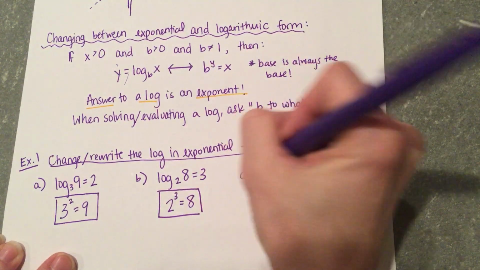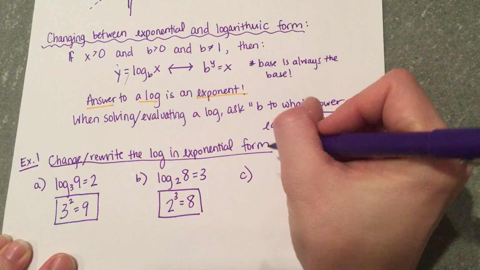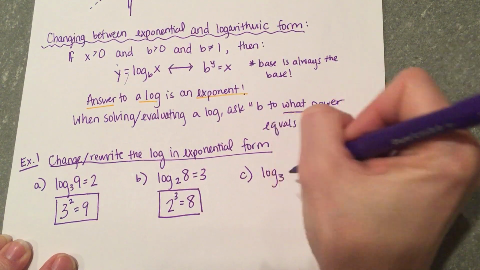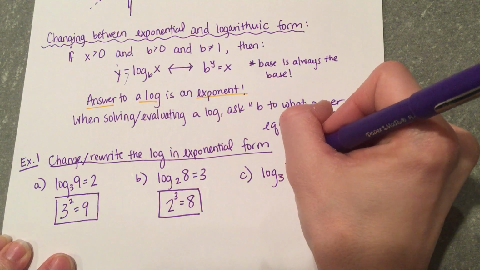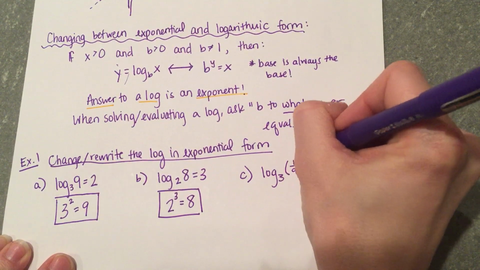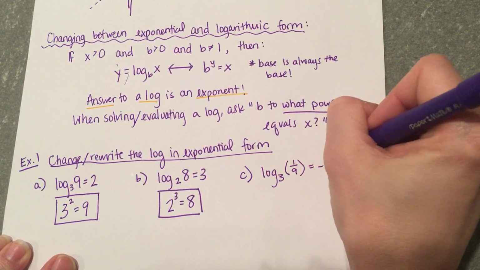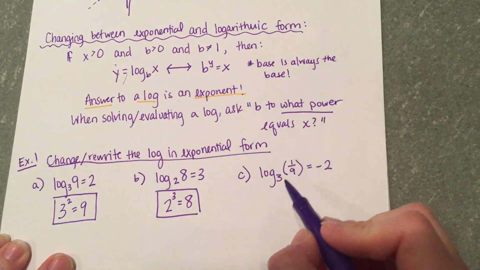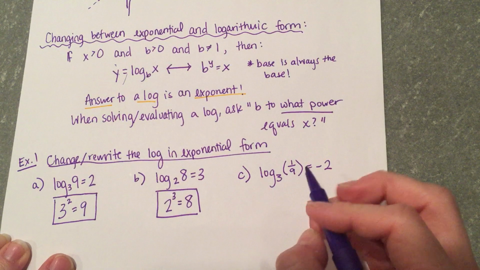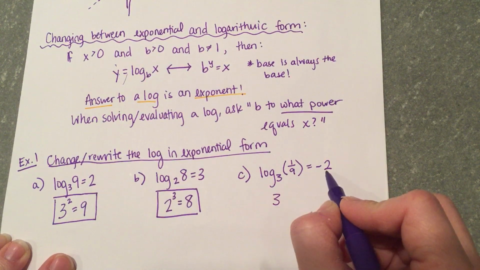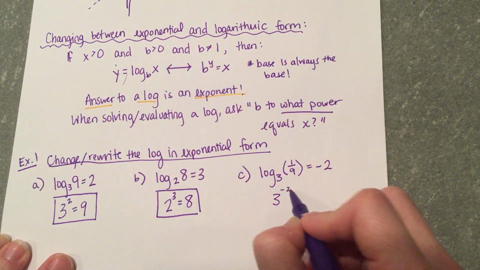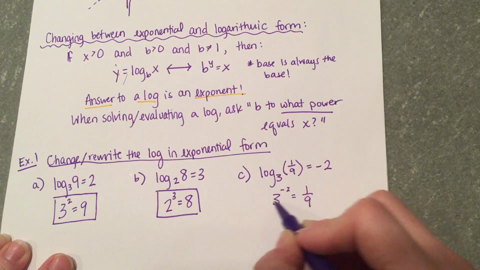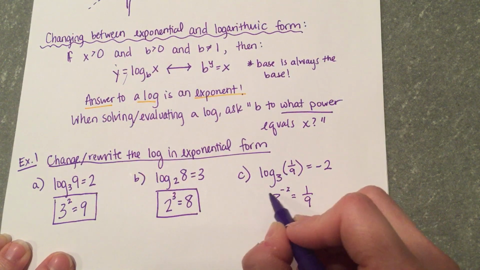And for the last one we're going to try here, what if I have log base 3 of 1/9 equals -2. So in exponential form, remember the base is always the base. So the base is 3. The exponent is the -2. And then equals this other number, 1/9. And that's true, right? 3 to the -2 equals 1/9.